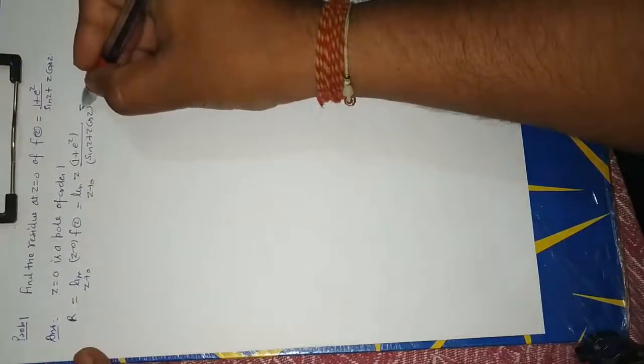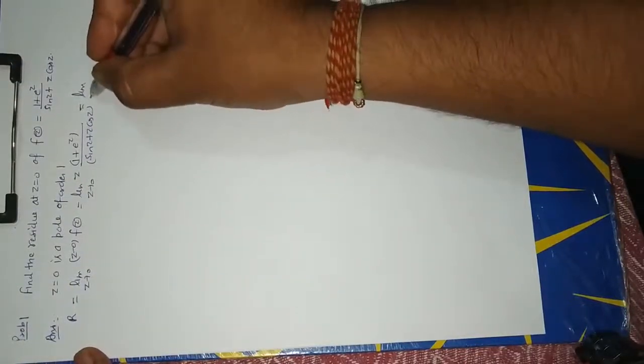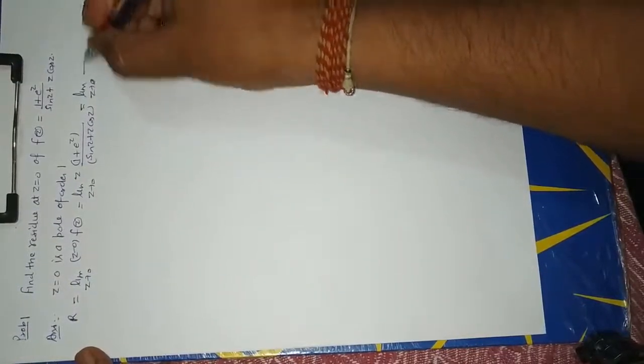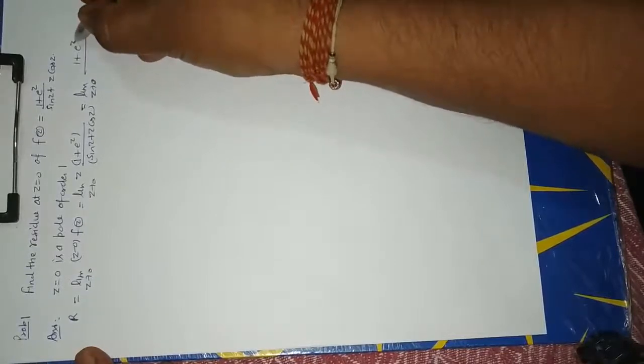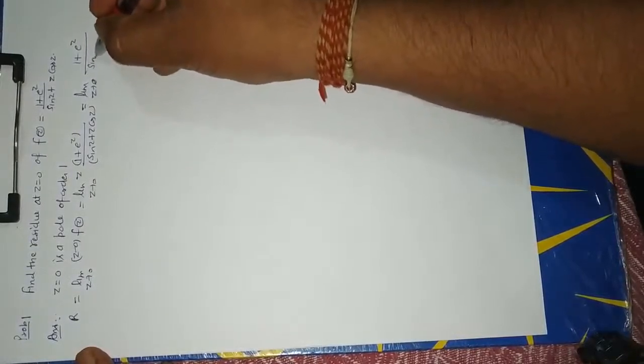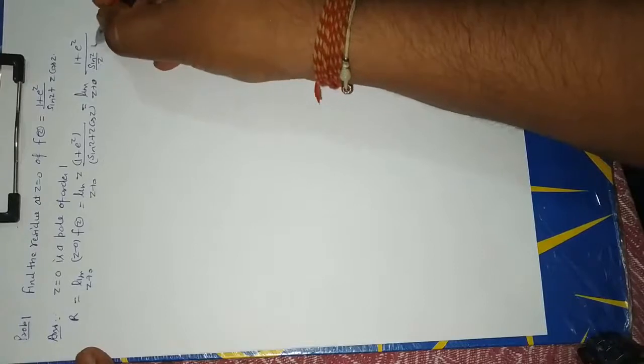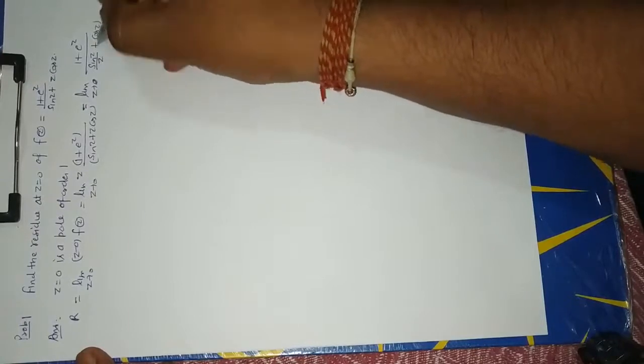Okay. How it can be written: limit z tending to 0 of (1 plus e to the power z) upon (sin z upon z plus cos z) only.